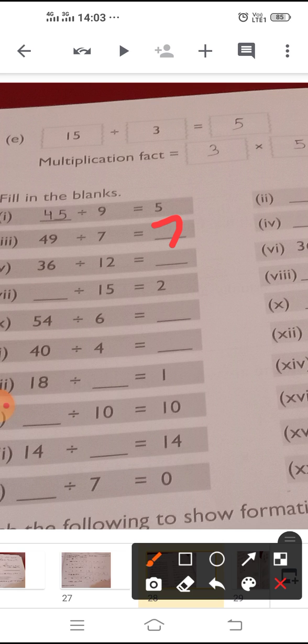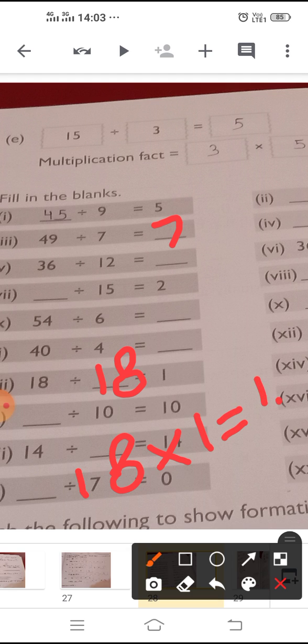That means 18 divided by 18 will give you 1. You can check: 18 multiplied by 1 will give you 18. So this number and this number are the same. We are going to apply the multiplication fact property or division property, and that should be the same. So your blank should be 18.